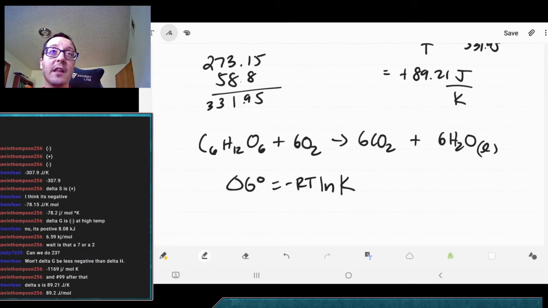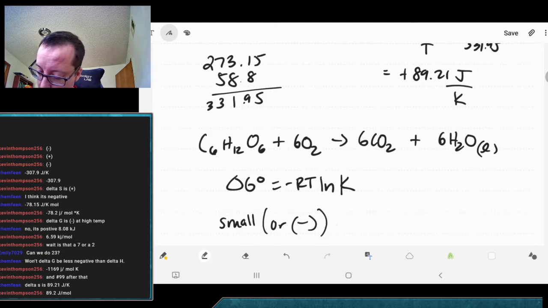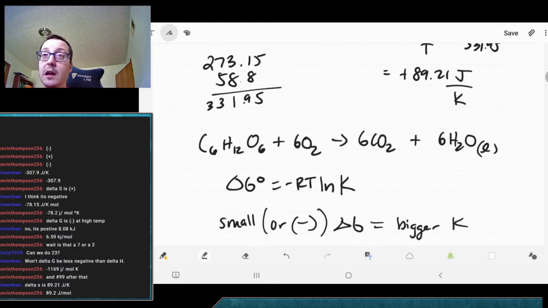So the bigger the K is, the smaller the delta G is, right? So a smaller or more negative delta G would mean a bigger equilibrium constant because there's a negative there. So with that in mind, we can calculate delta G for these two reactions and compare them.